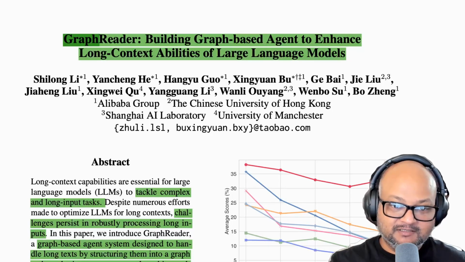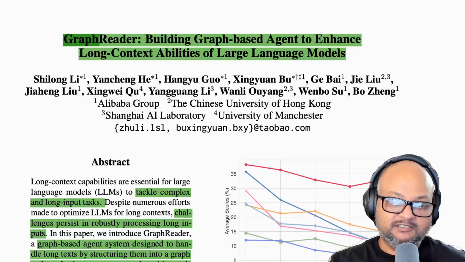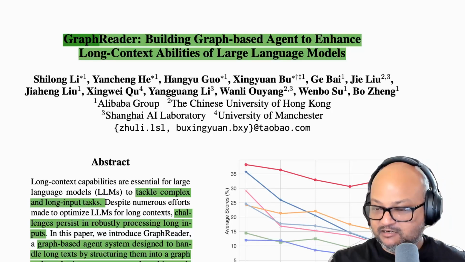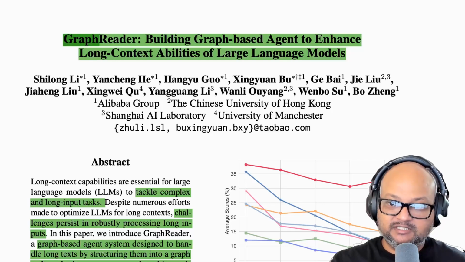In a previous video on this channel, I'd looked at Microsoft's GraphRAG system, and that was a great representation of how we can improve RAG, retrieval augmented generation, by pre-processing our corpus to extract conceptual knowledge from it.